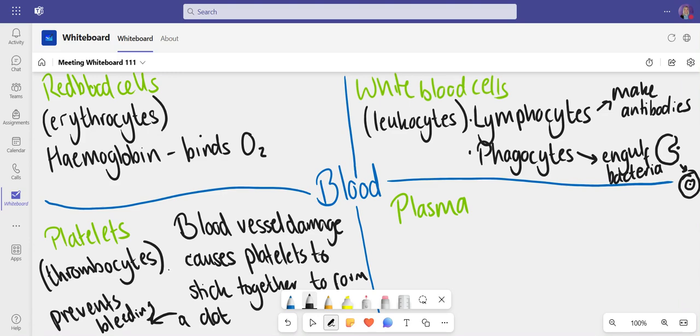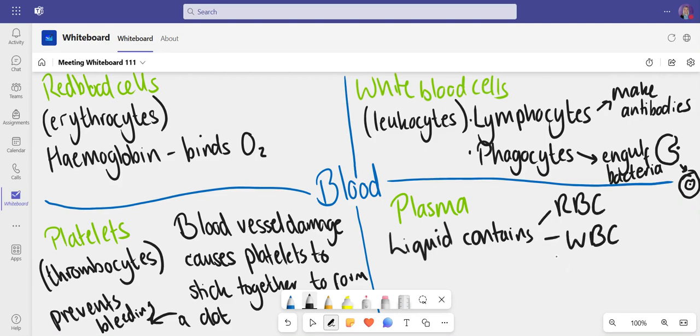And the final part is the plasma. Plasma is the liquid part of your blood, and it does carry around all the other things. So it contains the other three things that we've talked about, red blood cells, just write RBC, white blood cells, platelets, and it also contains a few other things dissolved in it.